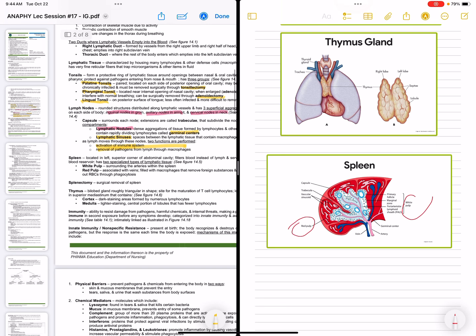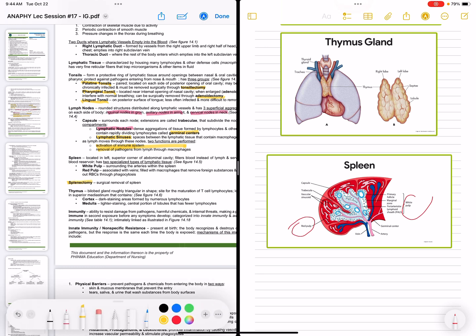Okay? So, ang surgical removal of spleen is tinatawag nga splenectomy. Okay? Splenectomy. Tanan nga removal, may ectomy. Like tonsillectomy.